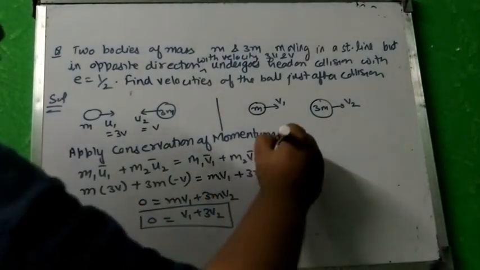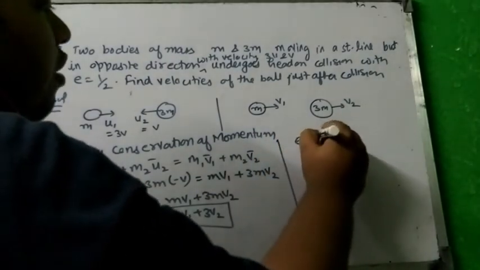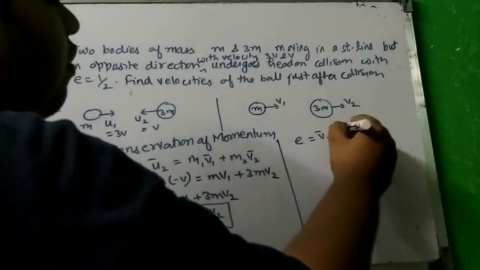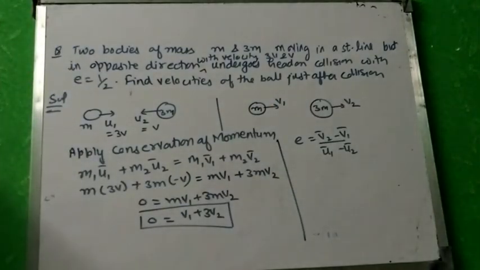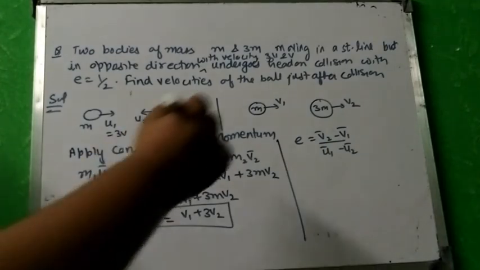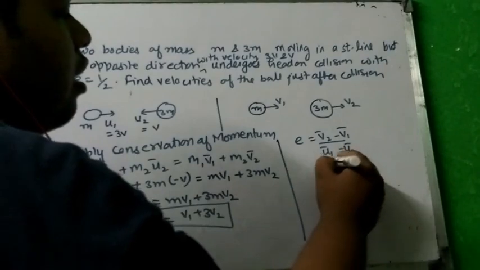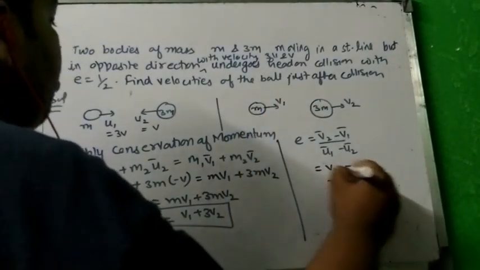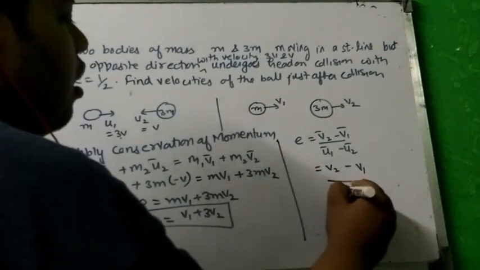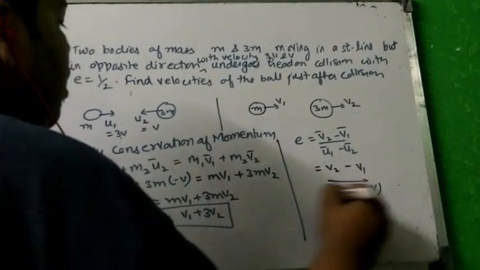Also there is the equation E is equal to v2 minus v1 upon u1 minus u2. So what is E? v2 minus v1 upon, u1 is 3v and u2 is minus v. Why minus?